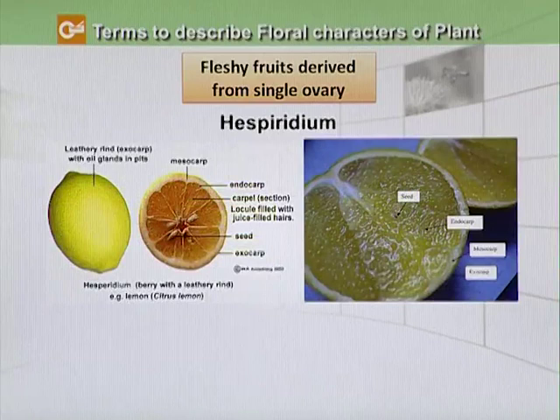Then we have Hesperidium type, in which the exocarp is hard and contains glands, and inside the exocarp there is a mesocarp, which is a white membranous structure, and we have the endocarp, inside which there are glandular hair-like structures, and it is actually the edible part. The example of Hesperidium is lemon.